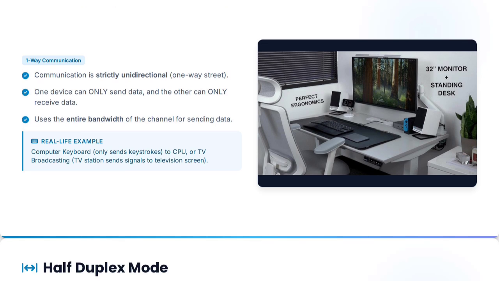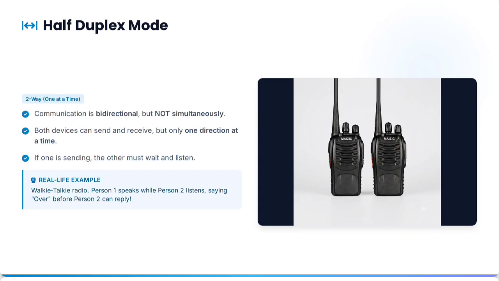Second, half duplex. This communication is bidirectional but one way at a time, not simultaneous. Both devices can send in either direction but only one at a time, like a walkie talkie. And last, full duplex.